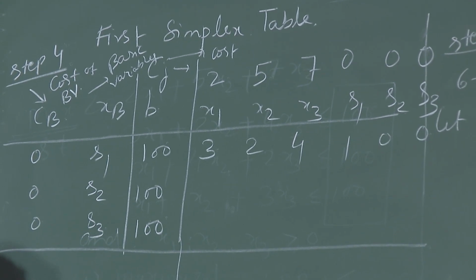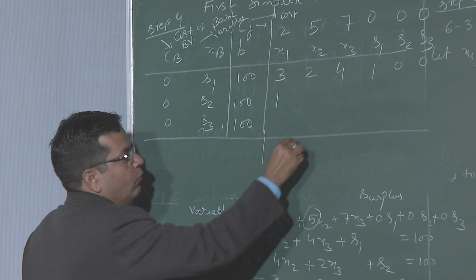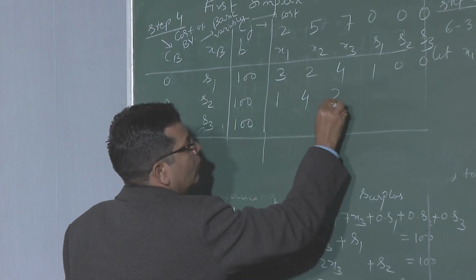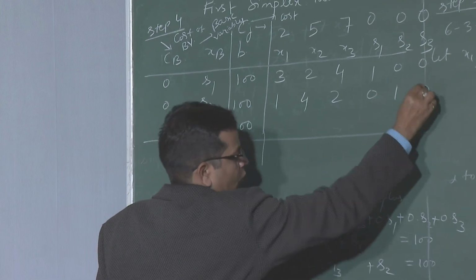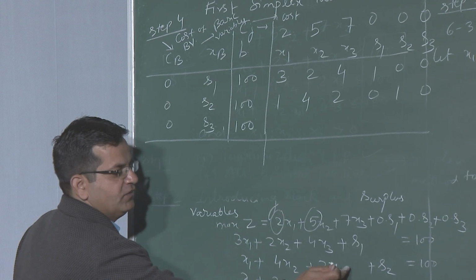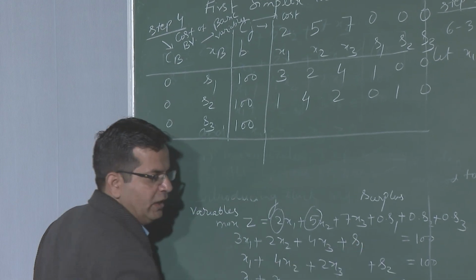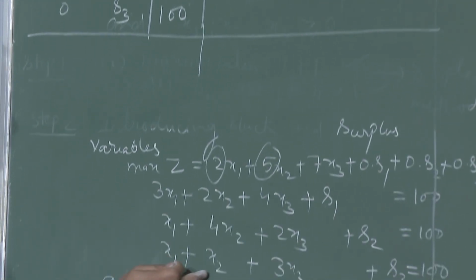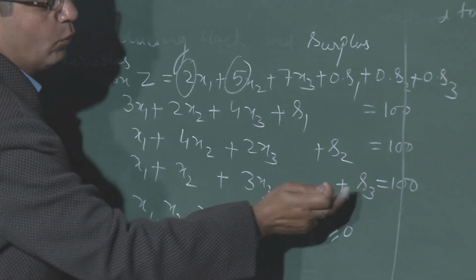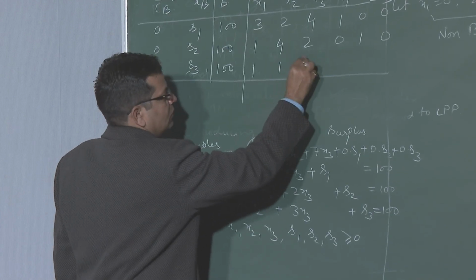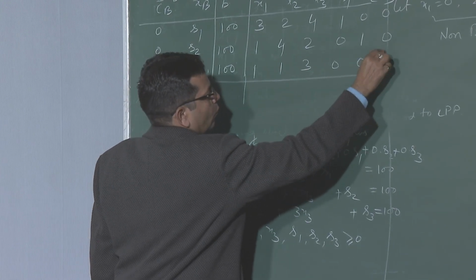Then in the second row we write 1, 4, 2, 0, 1, 0, because S2 is there, and S1 and S3 are not there. In the third row we have 1, 1, 3, 0, 0, 1.